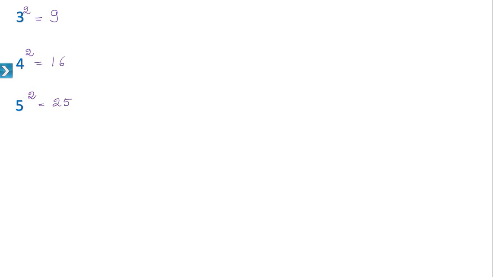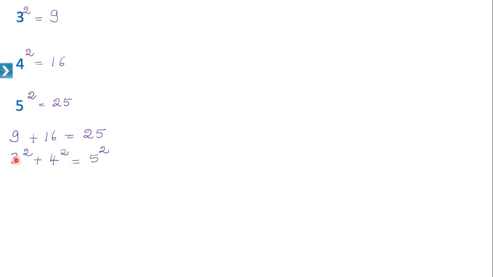See here, what relationship do you observe between 9, 16 and 25? 9 plus 16 is equal to 25. 9 is 3 square, 16 is 4 square, and 25 is 5 square.